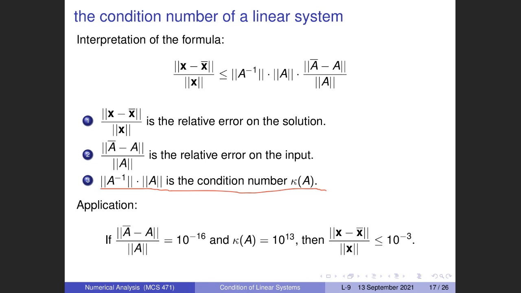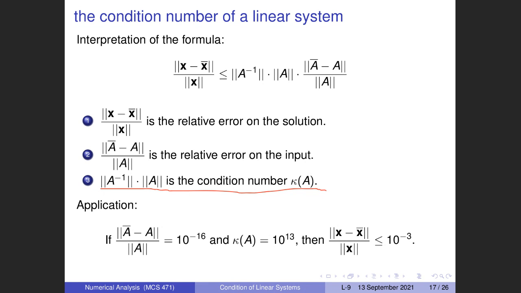So the relative error on the solution is bounded by the product of the condition number times the relative error on the input. And how should you be using this? Assume that the precision of your input coefficient matrix is equal to the machine precision, which is 10 to the power minus 16, but your condition number is 10 to the power 13. How do you know this?